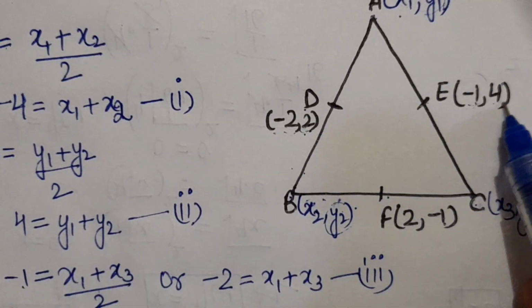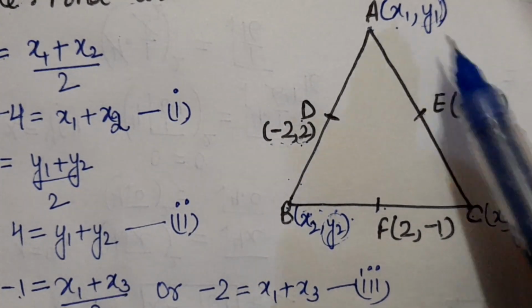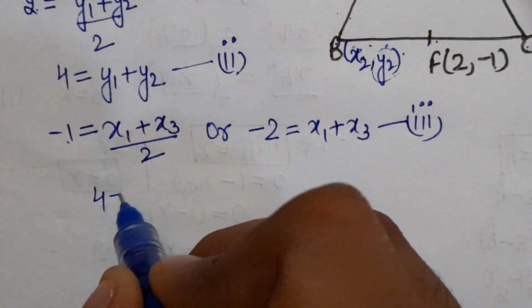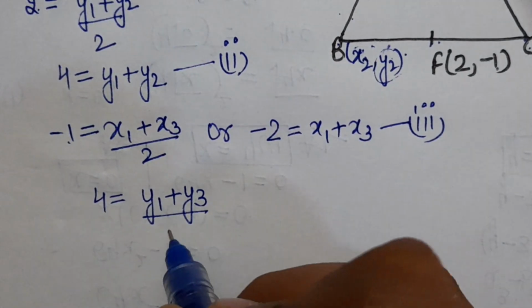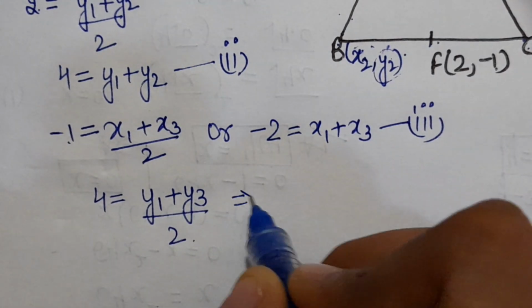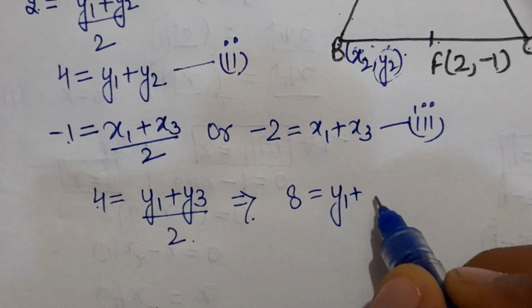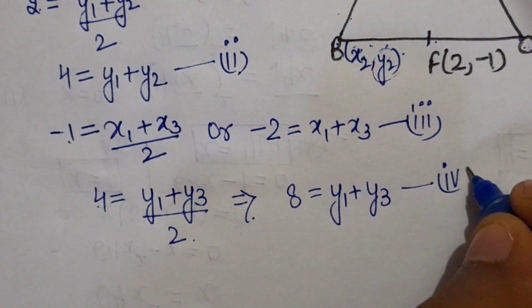And 4 is the midpoint of the y coordinates, that is (y1 plus y3) by 2. 4 equals (y1 plus y3) by 2, which implies 8 equals y1 plus y3. Name this equation number 4.